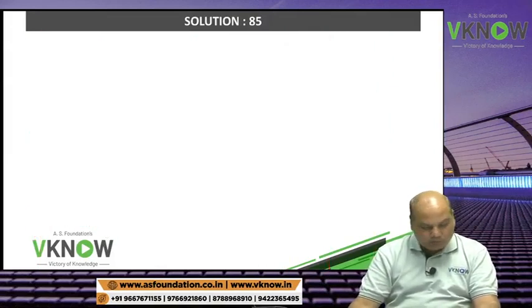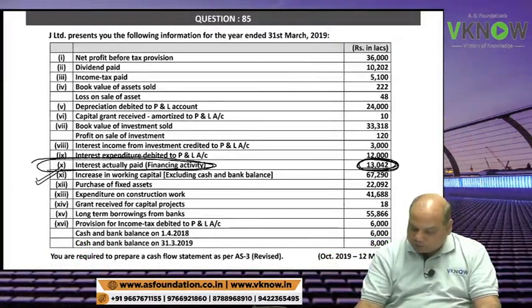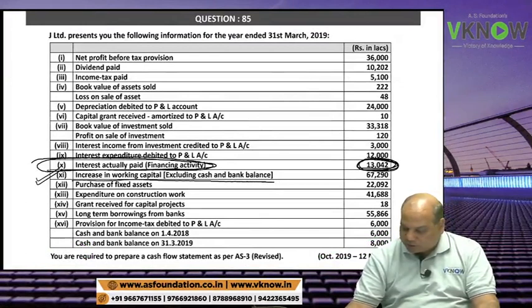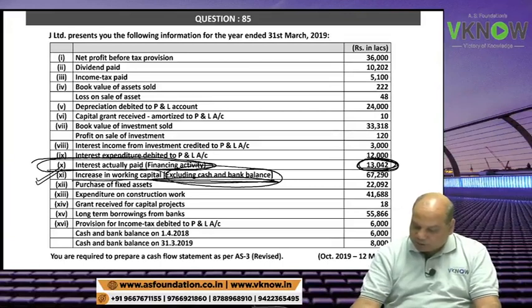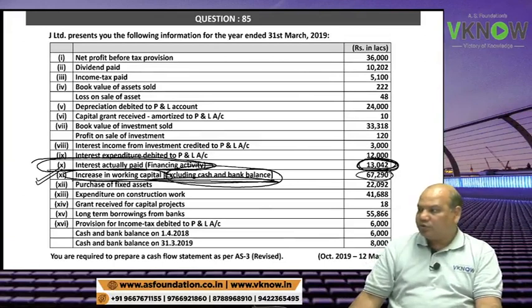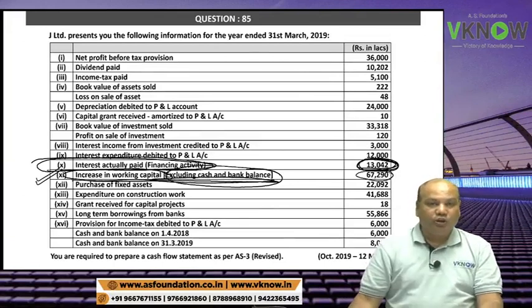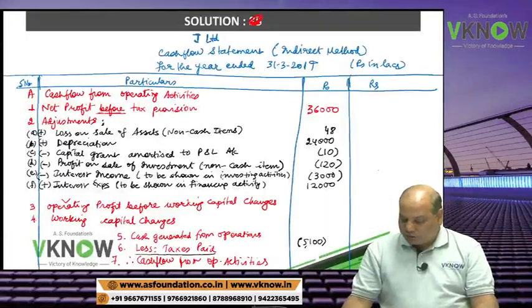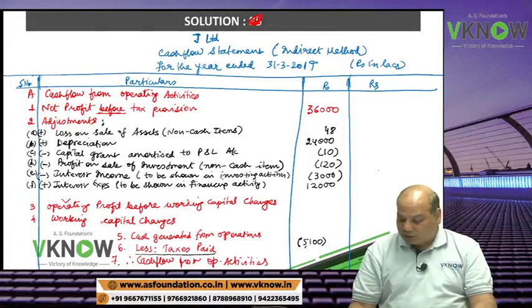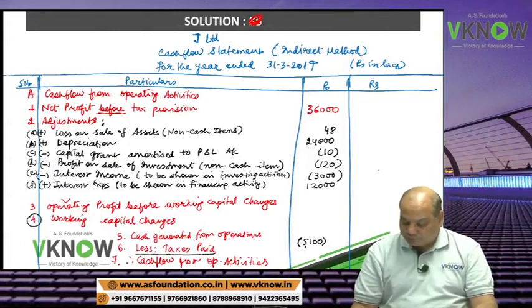Point number 11, increase in working capital. On the screen, increase in working capital excluding cash and bank balance. Cash and bank is shown separately. Remaining working capital has increased by 67290. So increase in working capital is an outflow. So come to operating activity, point number 4.